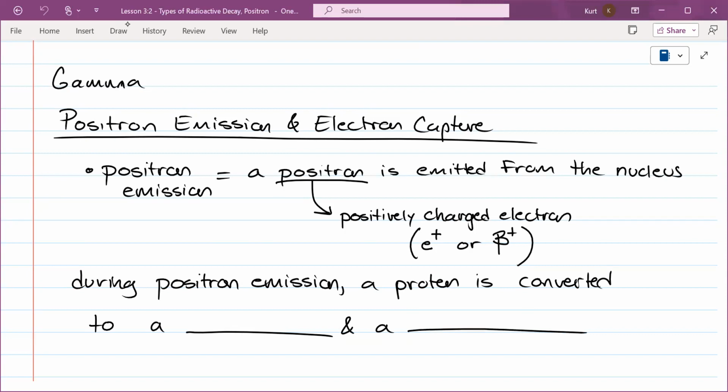What is inside of an atom that has the same mass as a proton but no charge? And then what basically has no mass but has a positive one charge? A positron.